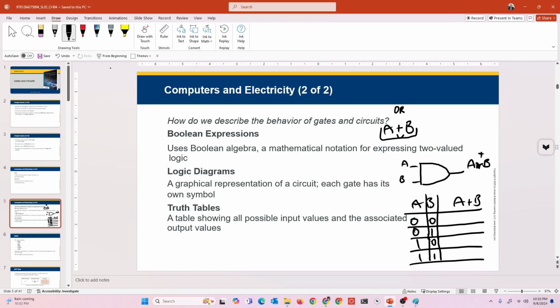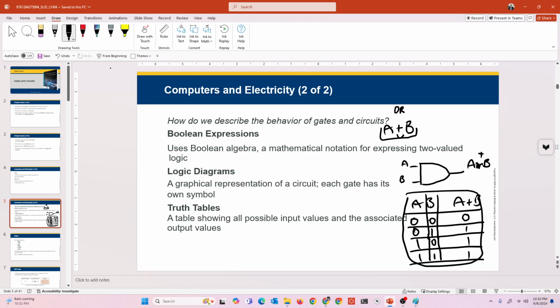So if it is 0 and 0, because it's a plus, generally it says that either one. If they are both 0, it is 0. Otherwise, it's a 1. That's what A plus B means. So this is a truth table.